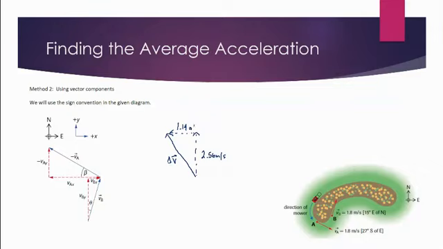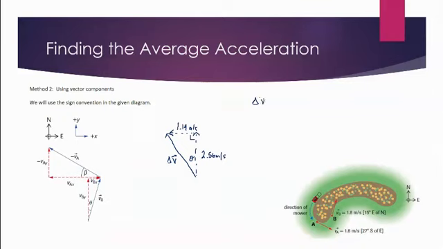Its size is in that direction. So these are side lengths in triangles. That's why I'm writing them as positive, because I'm drawing a triangle of my vector components. I'm going to recombine them. So if we find the hypotenuse of this triangle and the angle at the bottom here, hopefully they match up to what we found earlier.